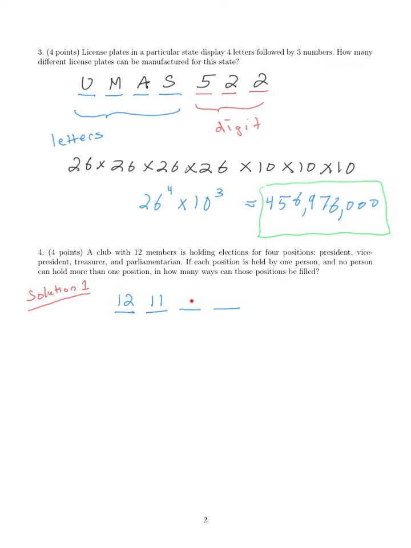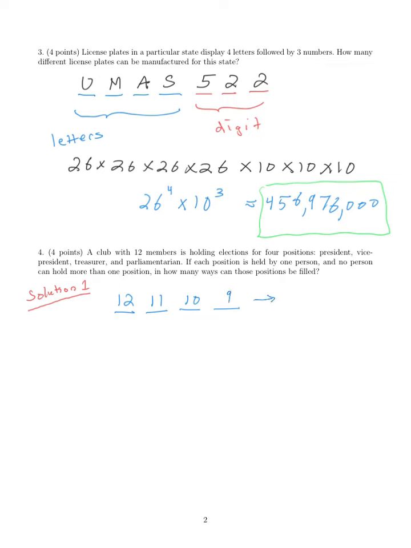Moving on to the third position, whichever it is, there's a person filling this role and a person filling this role, so there's only 10 people available for the next role. And then finally, there's only 9 people left available to fill that last position, so this is 9.